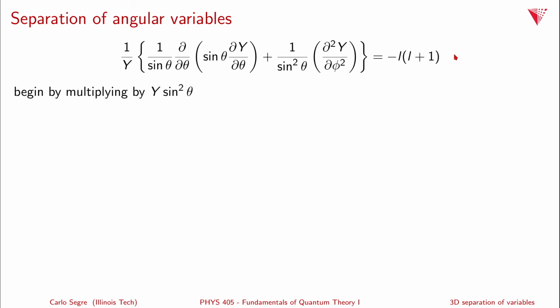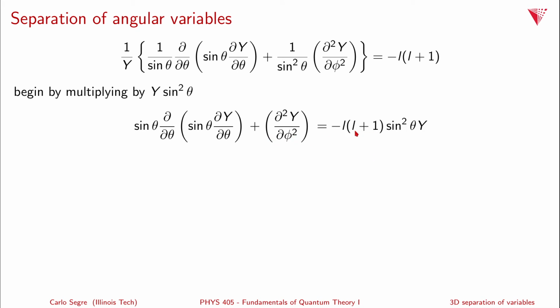It'll bring a Y sine squared theta over here, and it'll cancel this sine squared theta, which is critical because that allows us to separate the thetas and the phis. When we do that, we get sine theta, partial with respect to theta, of sine theta times partial of Y with respect to theta, plus partial squared of Y with respect to phi squared is equal to minus L times L plus 1 sine squared theta times Y.